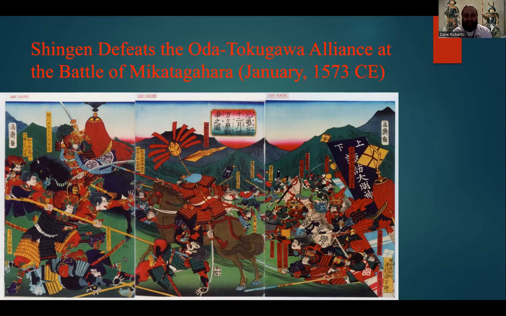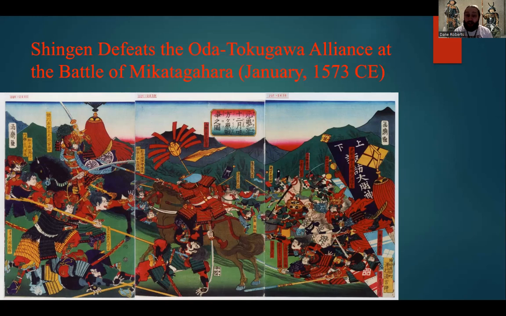However, this was a massive failure for the Oda Tokugawa alliance because Takeda Shingen was able to masterfully defeat them in this battle. To be fair, he also had an alliance of his own with the Hojo clan at the time, but the Takeda clan was also militarily powerful enough to defend against the Oda and Tokugawa military.